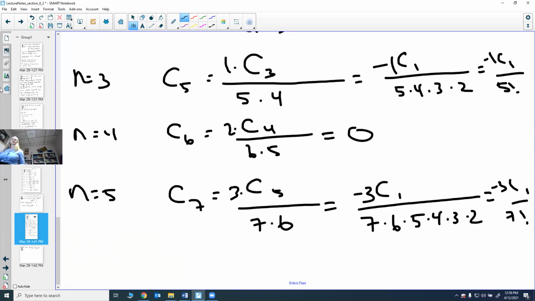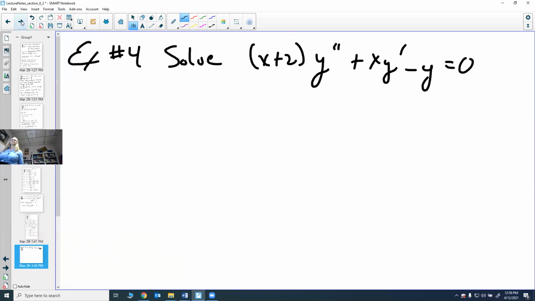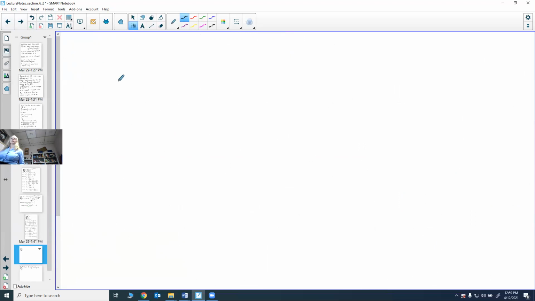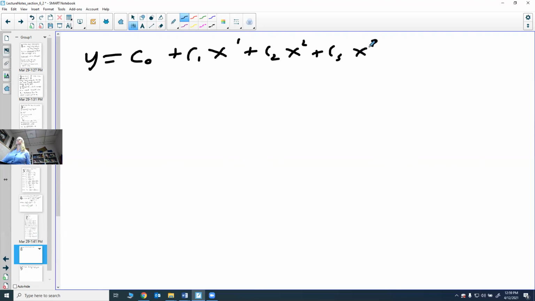Again, what I like to do is go ahead and write out a few terms, see what's happening here. Let's do something different. So we have now that y is equal to C0 times x to the 0 plus C1 times x to the 1 plus C2 times x squared plus C3 times x cubed plus C4 times x to the 4th plus dot, dot, dot, forever and ever.